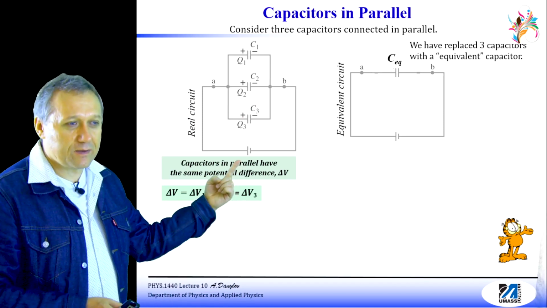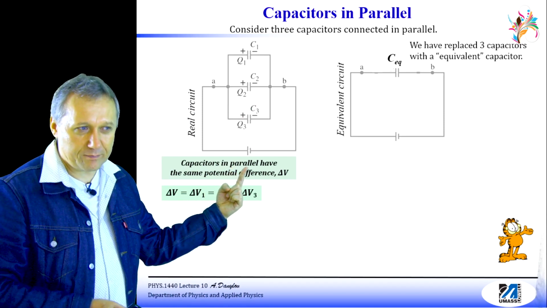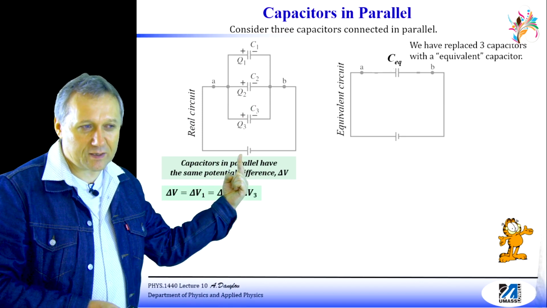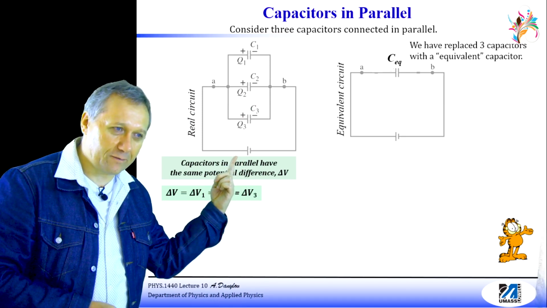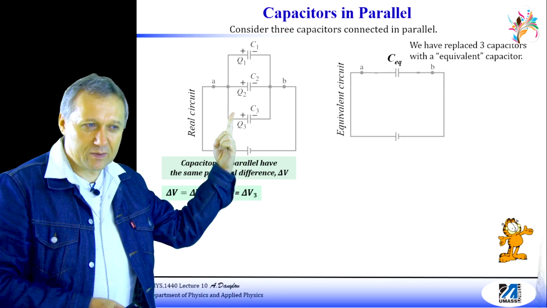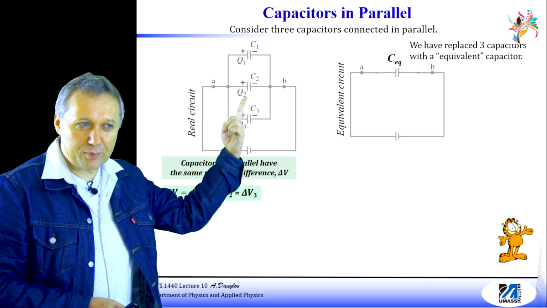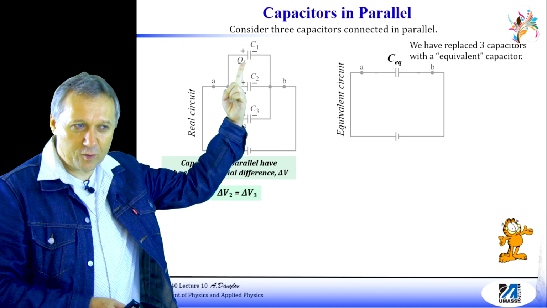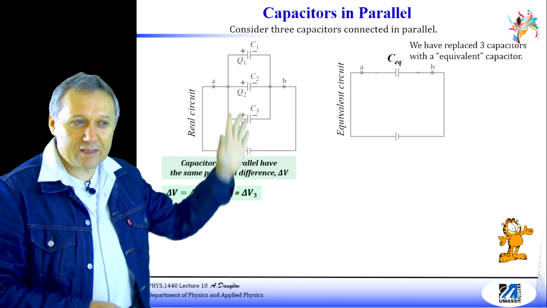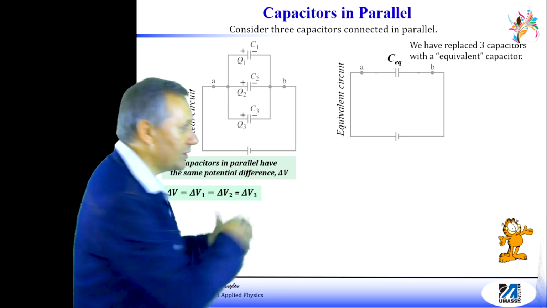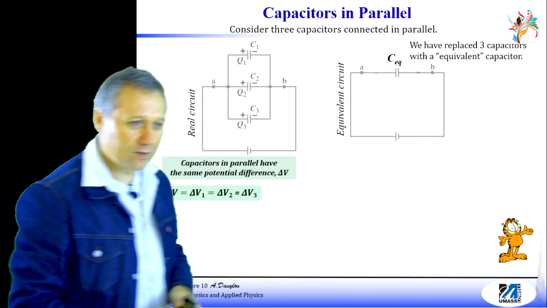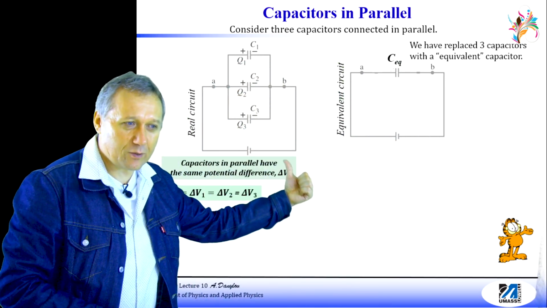It means that if this is, for example, a 9-volt battery, and this electrode is at plus 4.5 volts, then this electrode is at plus 4.5, plus 4.5, plus 4.5. And now I can give you exactly the same arguments about the right-hand, negative side of the circuit.